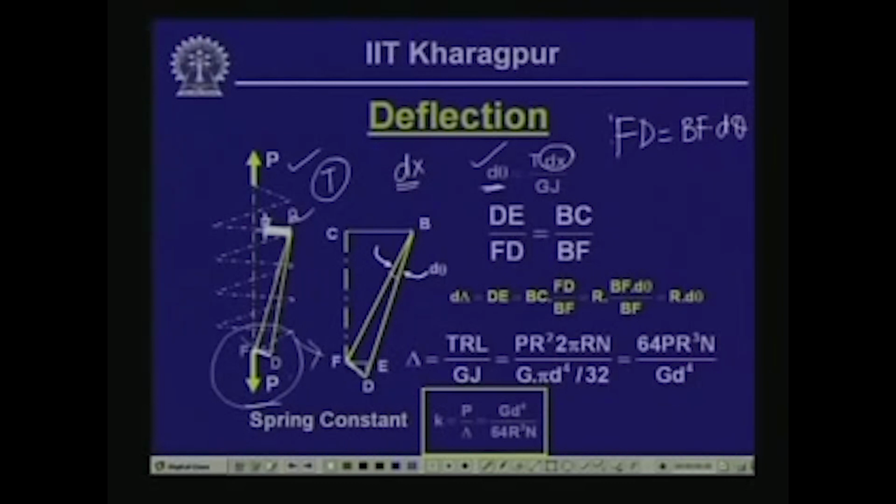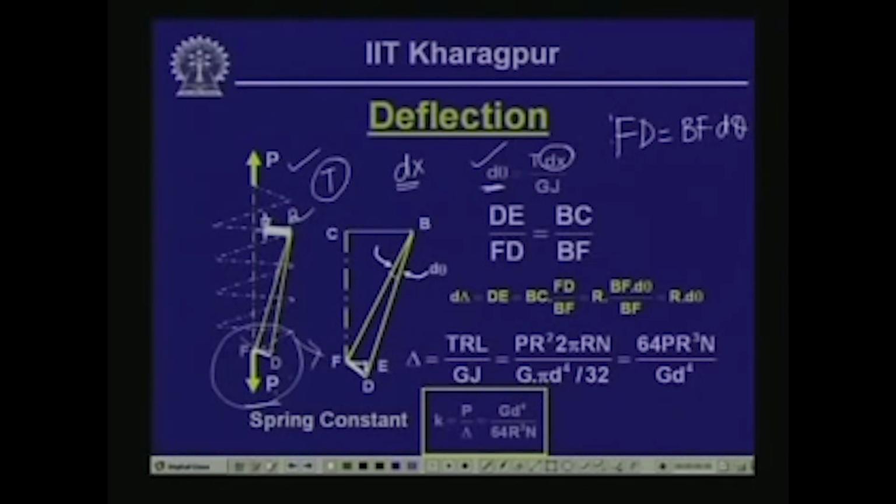Now, if we take the components of this Fd, one will be the horizontal component, and the other will be the vertical component. This particular spring, where we have considered one segment, is producing one horizontal component.